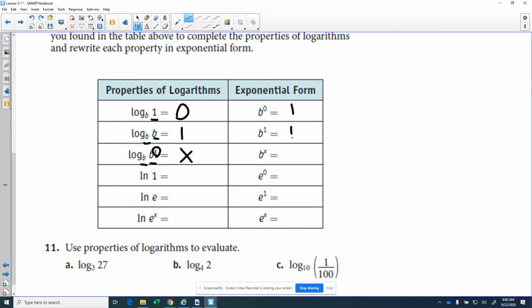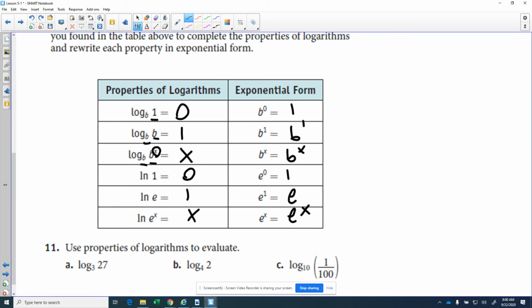Same thing over here, exponential form. All three of those would just be rewritten exactly as they are in the exponents. Okay, but as you can kind of notice how the values kind of match up. Okay? Same thing down here. ln of 1 would be 0, ln of b would be 1, and this would be x, while these values would all be written pretty similar to the same way.